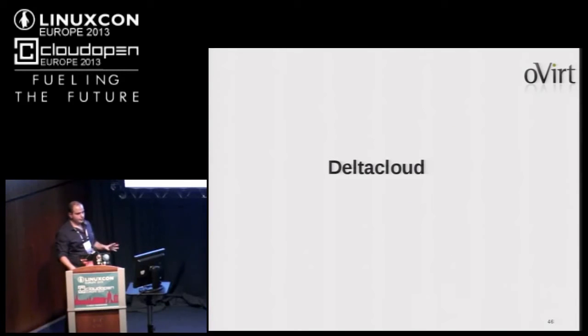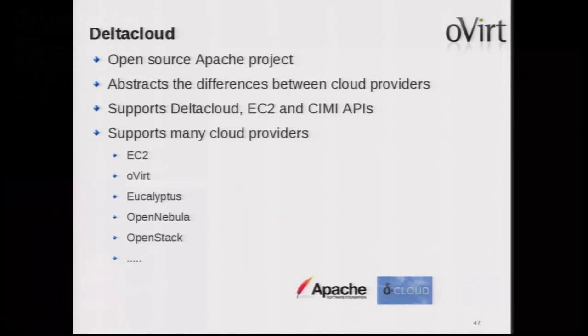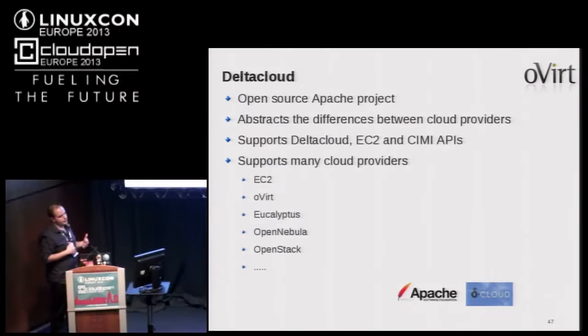Okay, I'll describe Delta Cloud in just a few slides. Basically, I showed you 3 types of APIs you can use. The Delta Cloud project adds other APIs to that. Are you familiar with that project? No. So basically, it's an open source Apache project that comes to abstract the differences between different cloud providers.